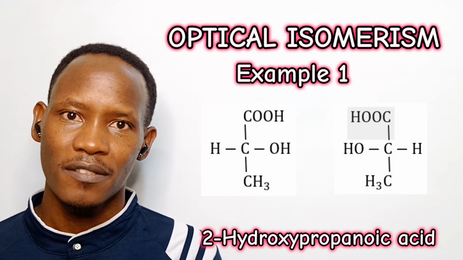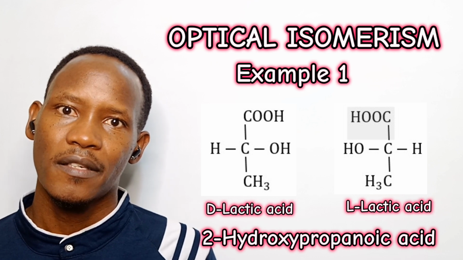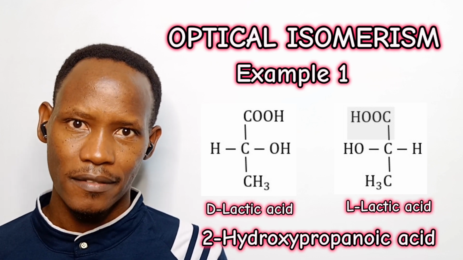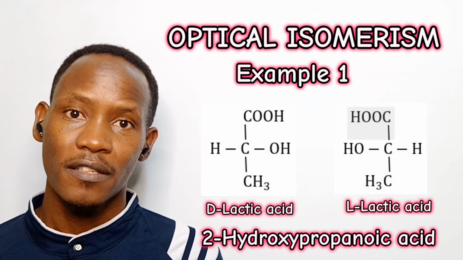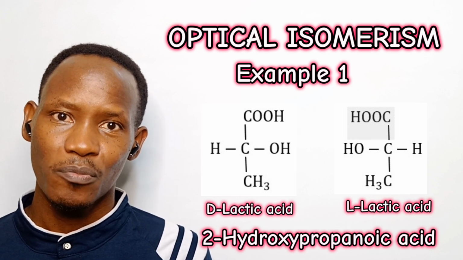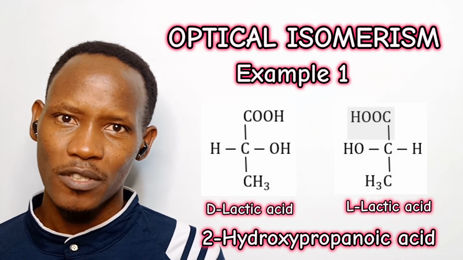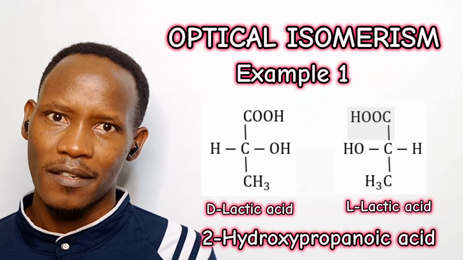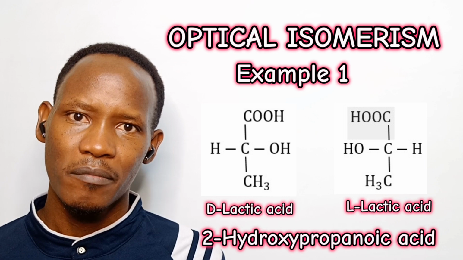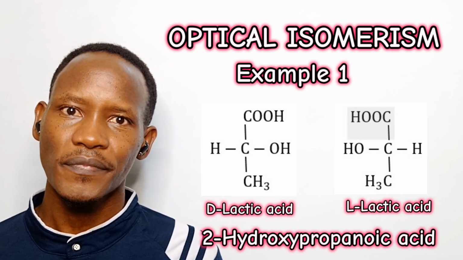The two isomers are D-lactic acid and L-lactic acid. Kindly look at them and notice that however much you try to superimpose these two, you will never succeed without twisting one of them, and therefore they end up being perfect optical isomers.